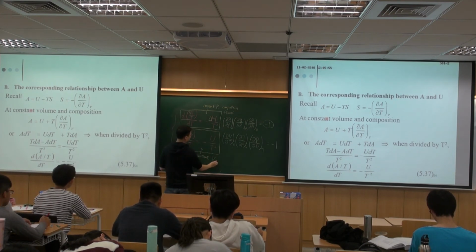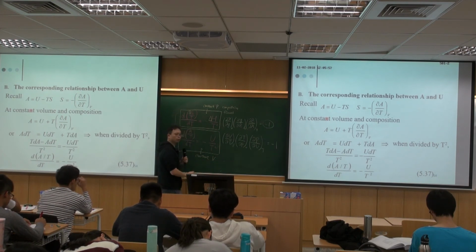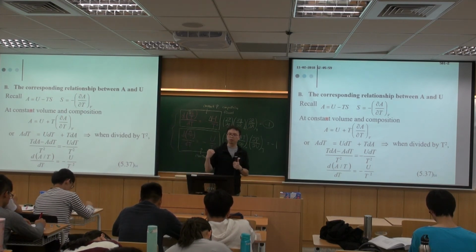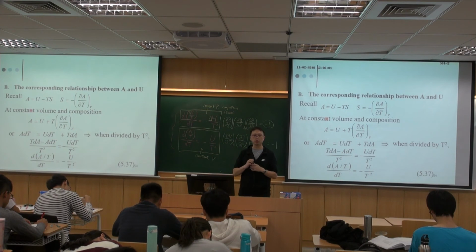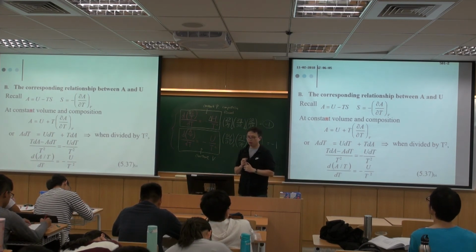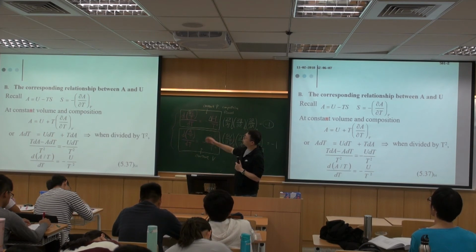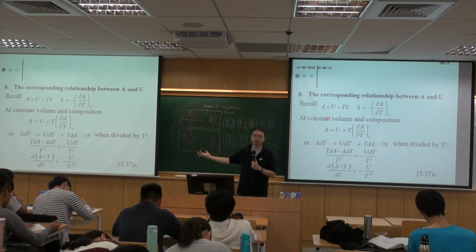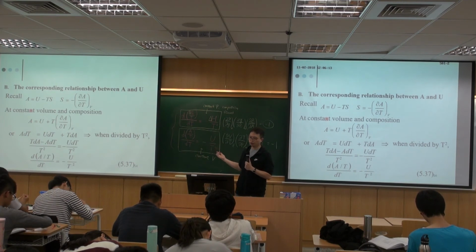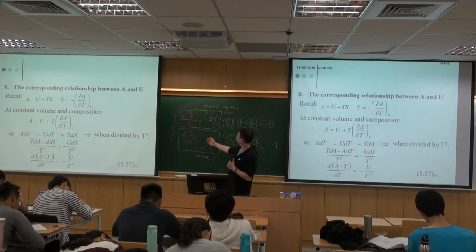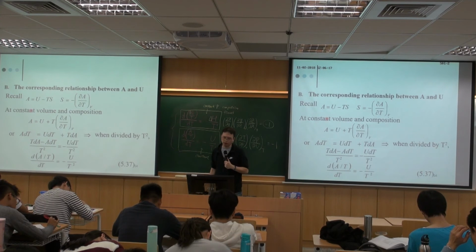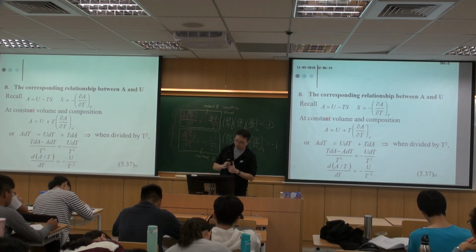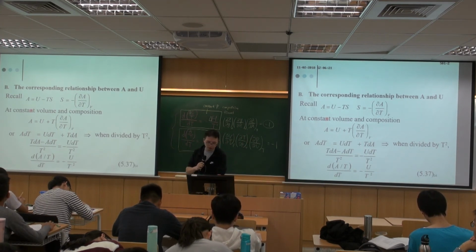And of course, composition also has to be fixed in order to use this one. Otherwise, you have to take the chemical potential into account. But when we use this Gibbs-Helmholtz equation or formula, we're not considering chemical composition change. So please bear in mind these two are very frequently used, I think, for the problems.